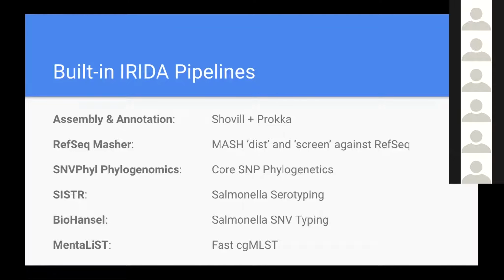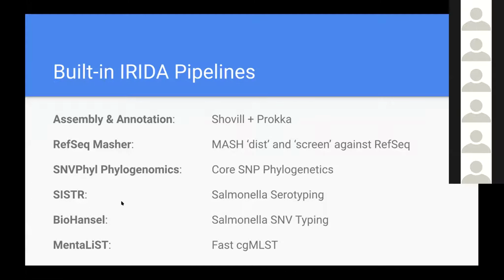As I mentioned, there's a set of built-in Irida pipelines. You can do assembly and annotation using Shovill and Prokka. There's a tool to run MASH, both MASH distance and MASH screen, against a built-in RefSeq database. You can build a core SNP phylogenomic tree using SNVPhyl.